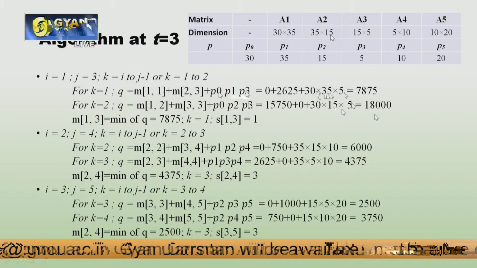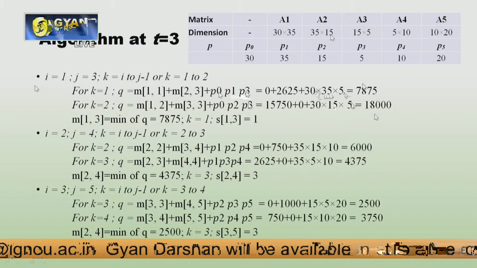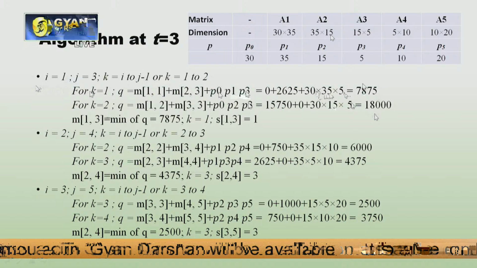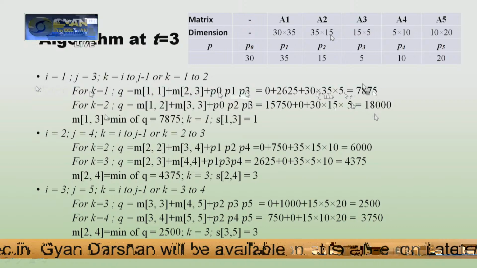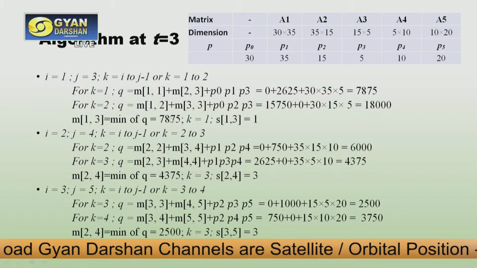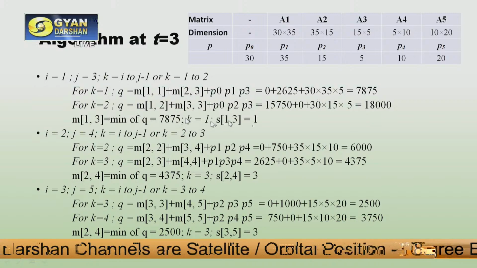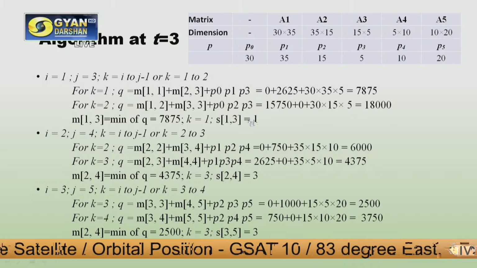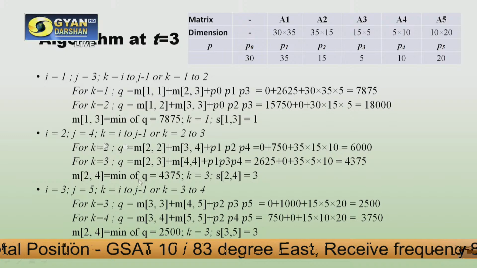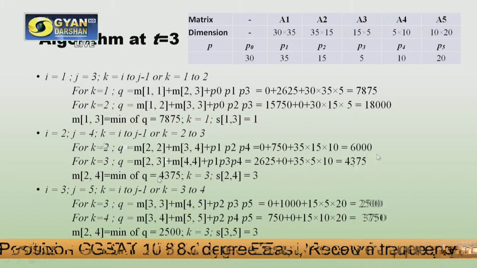The two values are computed for k equals 1 and k equals 2. Now what we find is the minimum of these is 7875. For what value of k? k equals 1, right? So this S13 becomes 1. Over here, once again, it is computed for both the values and the minimum value is found.